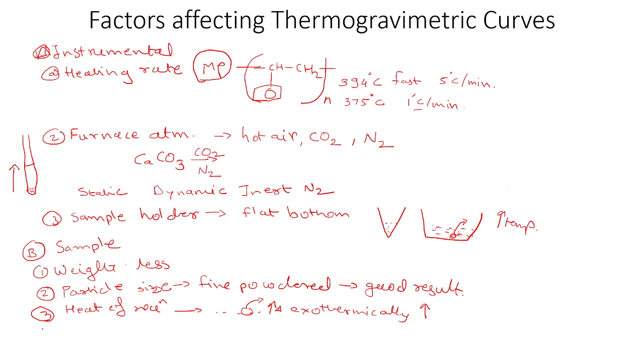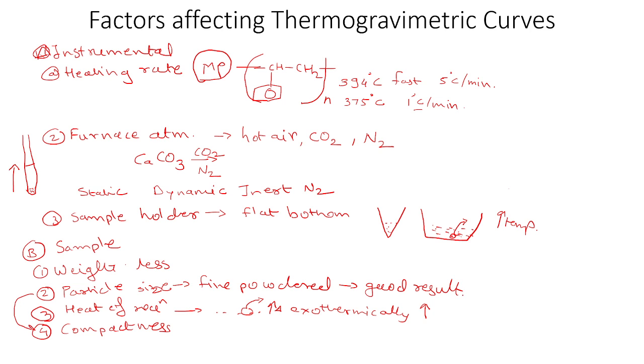Then the fourth point to be considered as a factor affecting the thermogravimetric curve is compactness of sample. A compressed sample will decompose at a higher temperature. Actually this is the same as particle size. I will write it here as it is mentioned here, but it is the same thing.